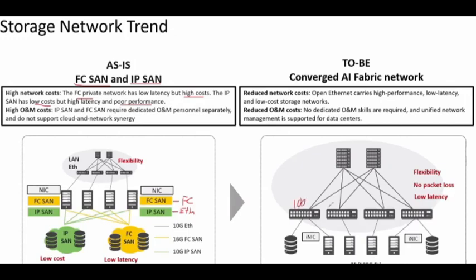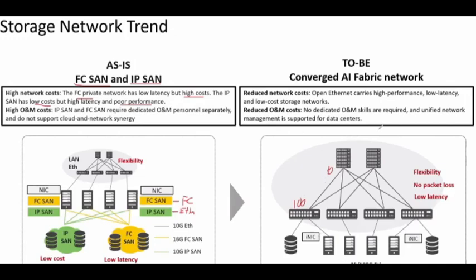You can buy the card, but can your servers handle it? If you buy a 100 gigabit Ethernet card on the storage, but your servers are only running 10 gigabit Ethernet, no point, right? So until server technology reaches 100 gigabit Ethernet, which will be very expensive, then we can start using the 100 gigabit Ethernet.